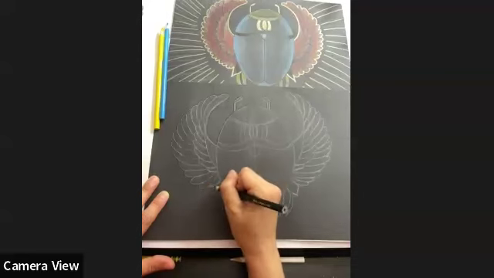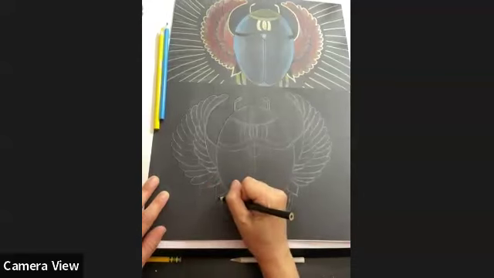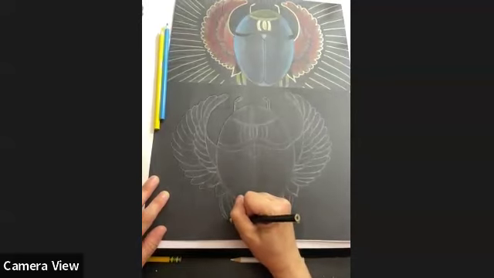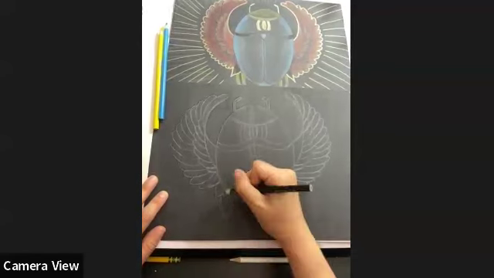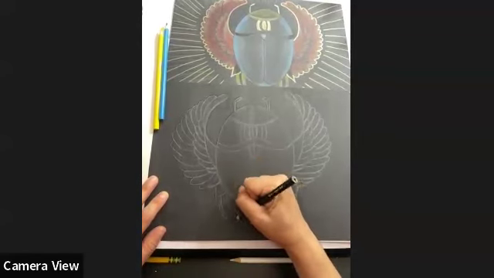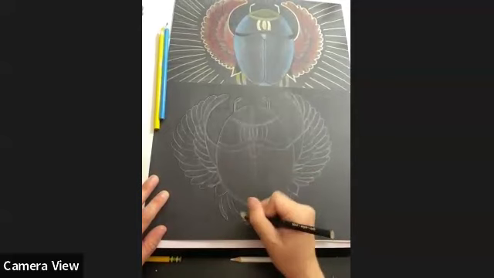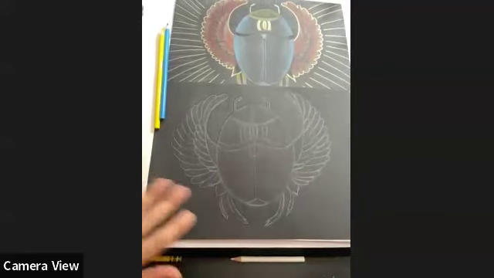So just take your time. We're also tracing around basically everything. We're just outlining the entire beetle, the legs, putting a black line around it all. I guess you could also use a black pen. I was just thinking that might look kind of interesting.